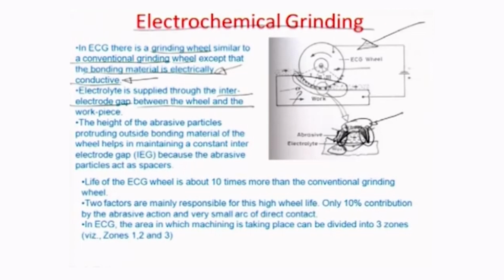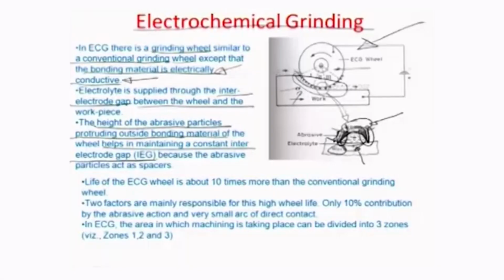So there is a small, local electrochemical cell created in this manner between the ECG wheel and the workpiece. You have to ensure that the height of the abrasive particles protruding outside the bonding material is all similar, or constant in size, and therefore it helps in maintaining this inter-electrode gap because the abrasive particles act as spacers, and it creates a compartment holding an electrolyte for a high rate of dissolution on a local area between the wheel and the surface in question.